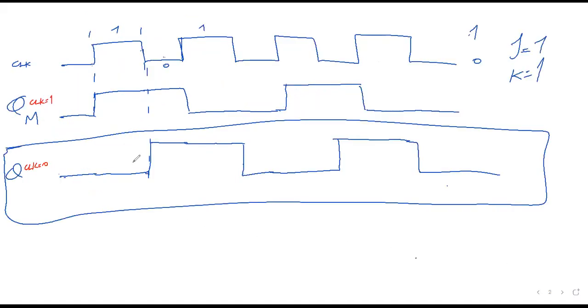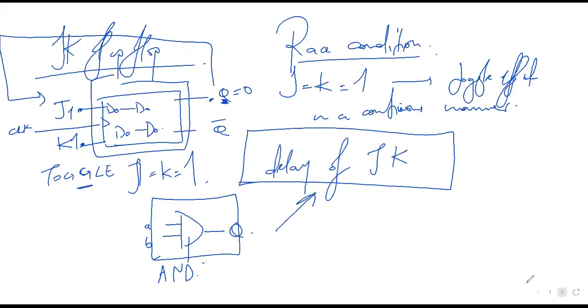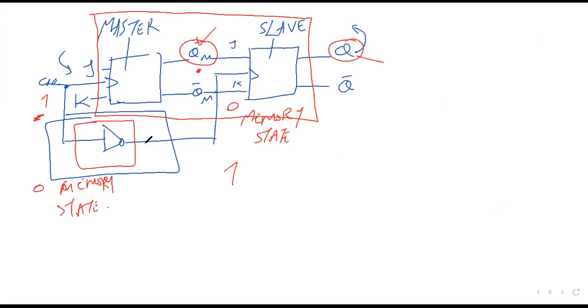So we wanted to find what is the output Q for the master. The output Q for the master is like this. When the clock is 1, that is when we have the toggle, because the clock is connected to the master. As you can see, there's a clock here, which is connected to the master.